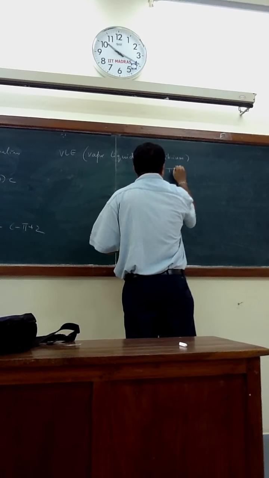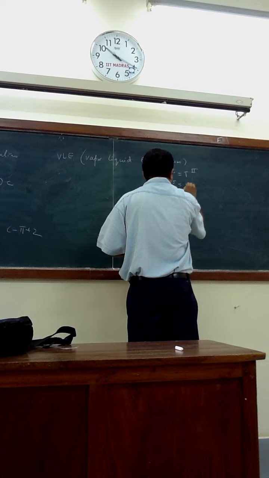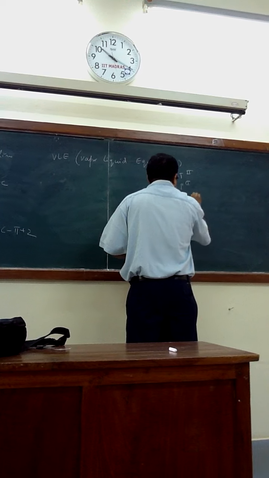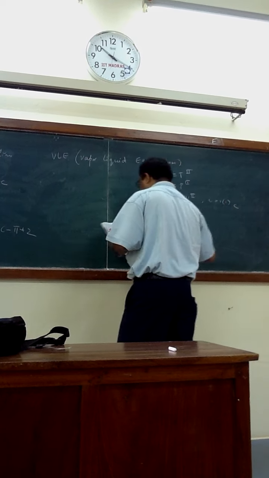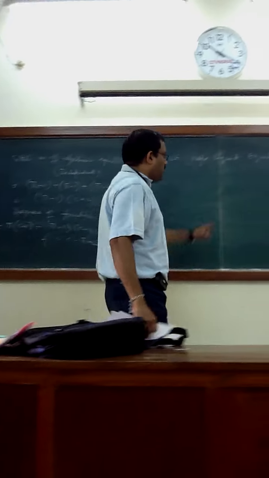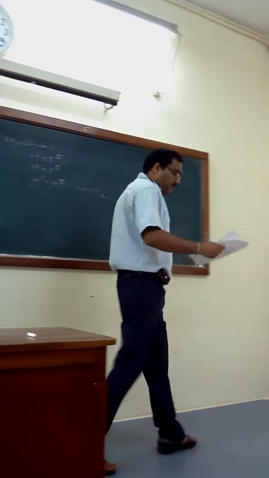First we will write T1 equals T2, vapor phase, liquid phase, P1 equals P2, and then μ_i1 equals μ_i2 for i equals 1 to 6. We'll always be worried about this equation. These two are straightforward.